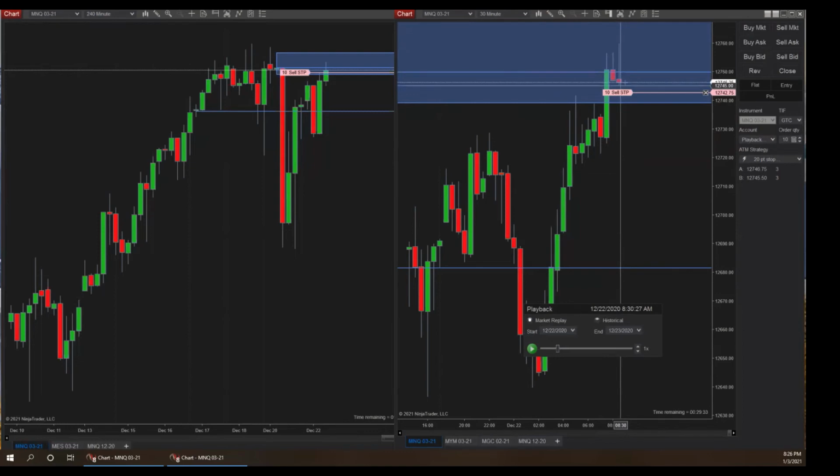Now, I could do this a couple of different ways. I could look at this and say, I'm just going to enter the market right now at the close of that candle and click the sell. I could have done that and then set my stop loss, which is going to be about 20 points, and set my take profit, looking to where most likely I'll be taking this trade to.